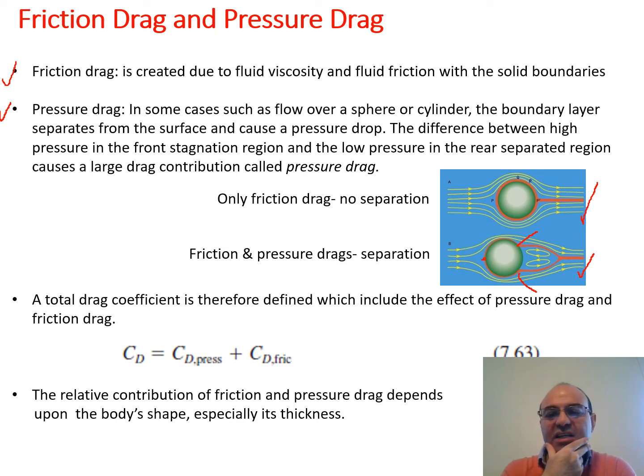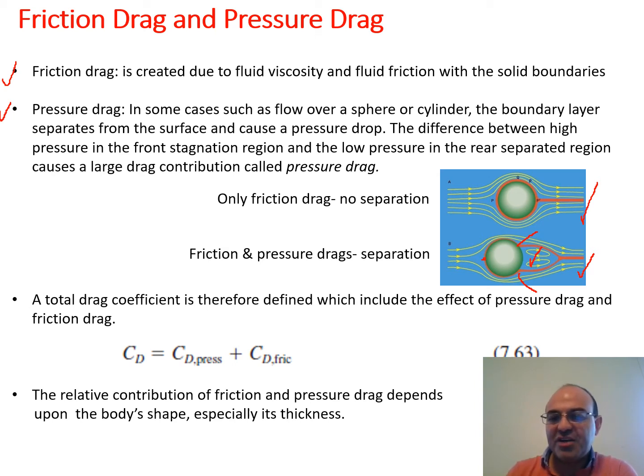So what's the consequence of this boundary layer separation? As a result, the pressure drops at the back of the object. Downstream, where you see these circulations, which is called the wake, the pressure drops: a low pressure region.